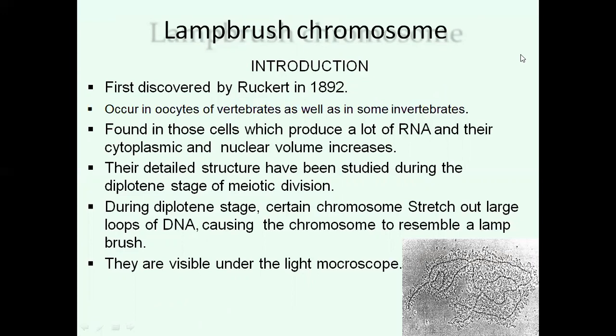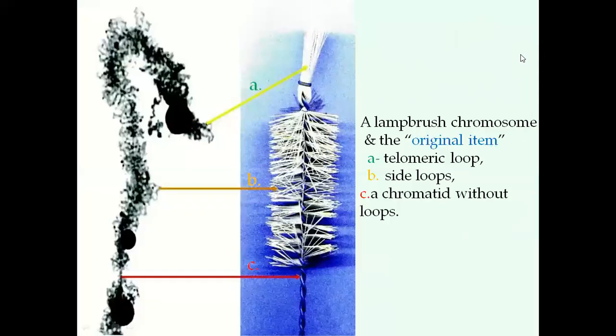It looks like a lampbrush model. So that's why these chromosomes are called Lampbrush chromosomes. Moreover, they can be observed under the light microscope because the size is enormously increased.